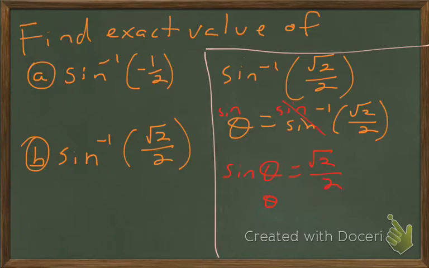So sine inverse of square root of 2 over 2 is equal to pi over 4, after checking myself.